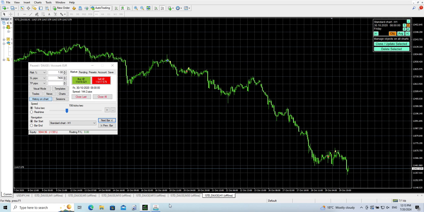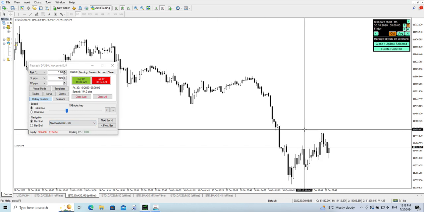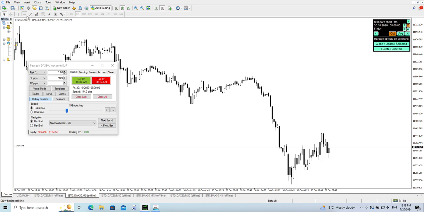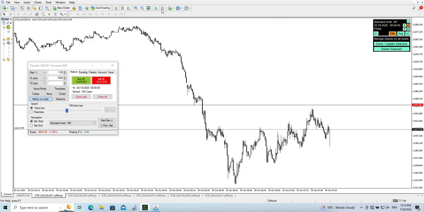Okay. Potential zone here on the 5-minute time frame. Okay.